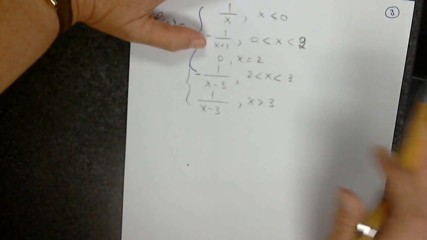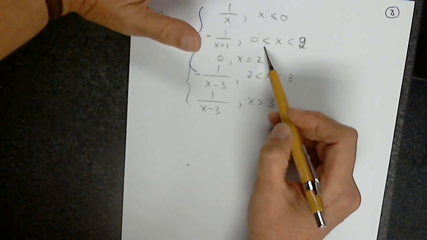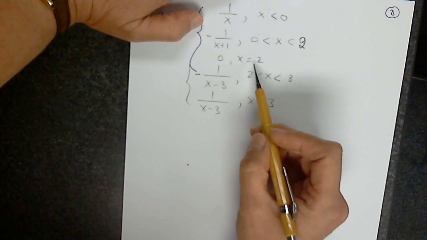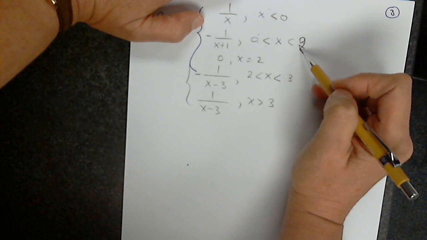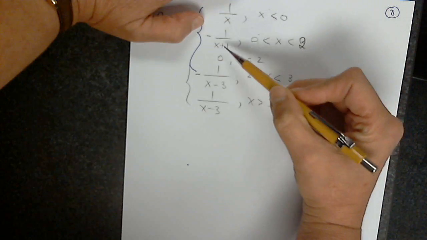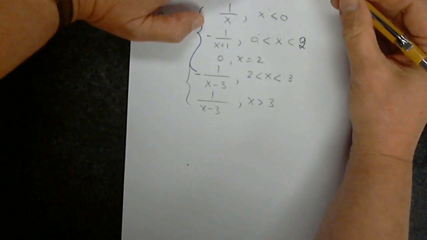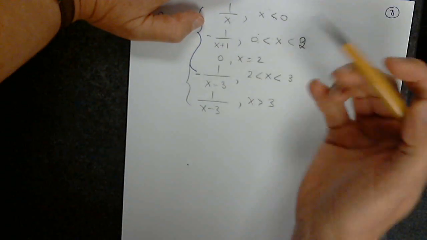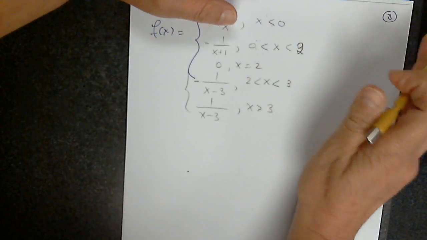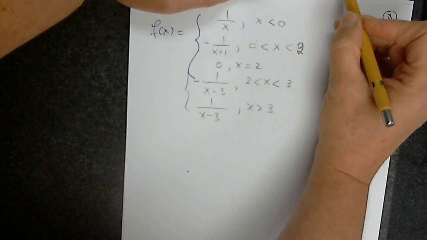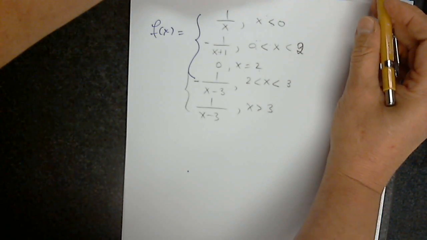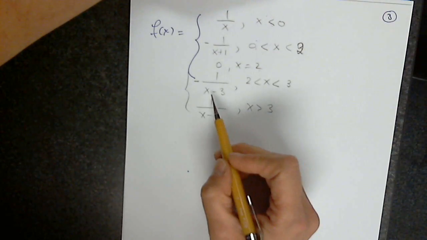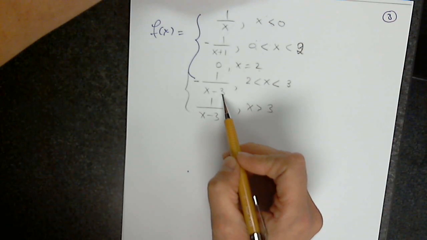At 0, the function is undefined. I don't have 0 anywhere. Then on the other side, I already did that. Okay, so I'm here now. So it's 0 when x is 2. Now I'm here. On the left-hand side of 3, like a 3.1. 3.1 minus 3.